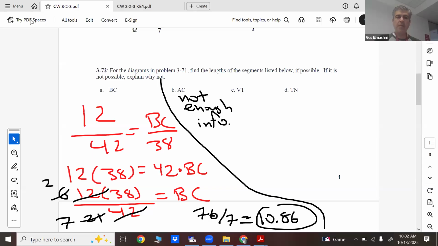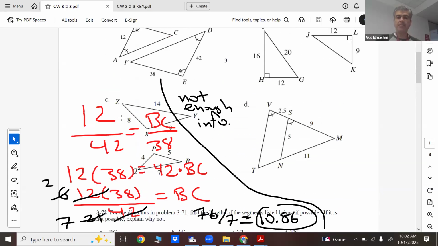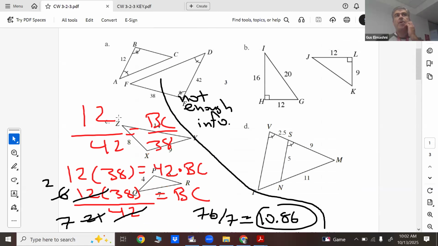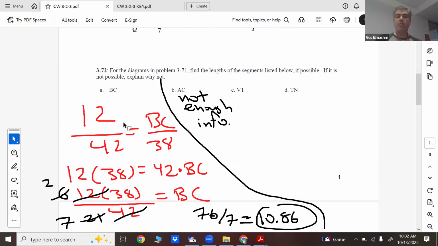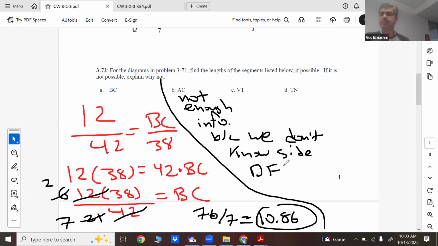If you look at the same pair of triangles, part B is using the same pair of triangles as part A. There's not enough information because you didn't have side DF. We just don't know side DF.